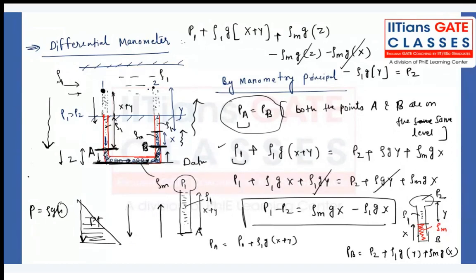Because who is telling me that dp by dz will be equal to minus rho g, right? That means in the positive upward direction, my pressure value will decrease. I'm not telling you, the hydrostatic law is telling you, right? Even I showed you in this proof also that pressure is equal to rho gh in the last class.